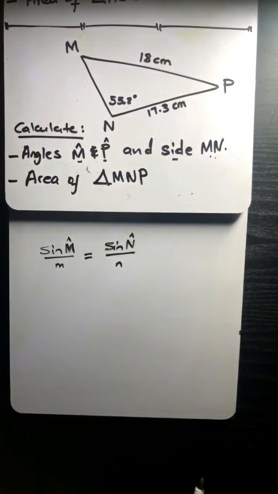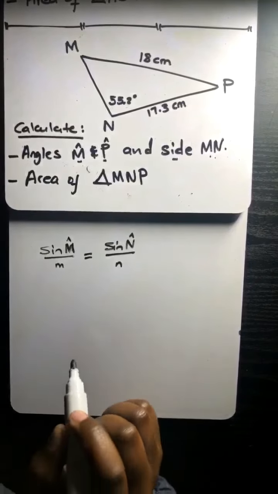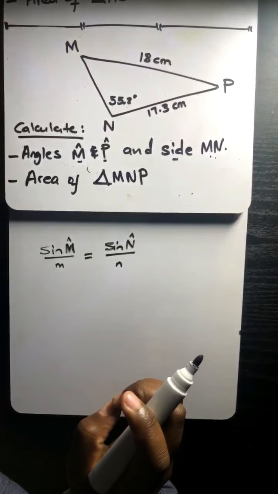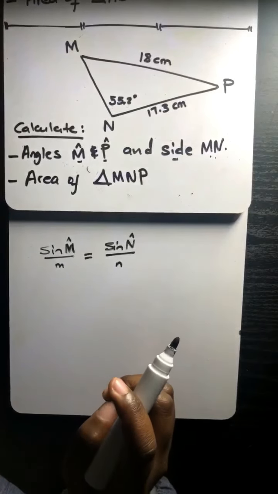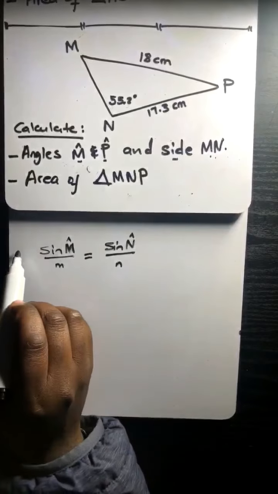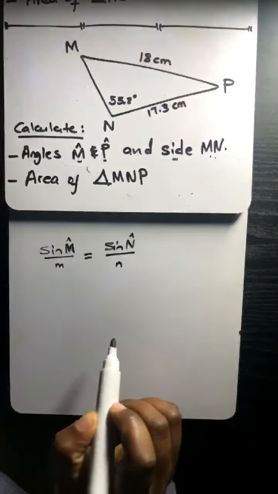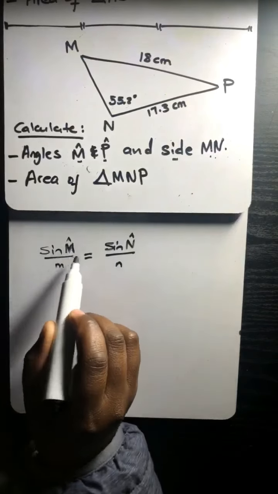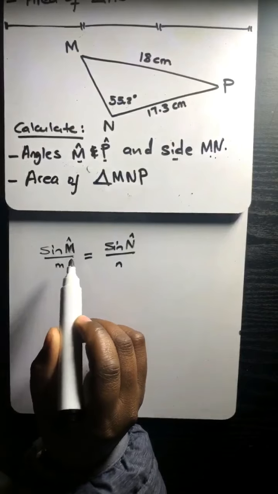Okay, so ladies and gentlemen, what I'm going to be doing is to calculate angle M. And remember, the reason why we started with sine of angle M is because we are calculating for the angle, so it's best to have that as the numerator.